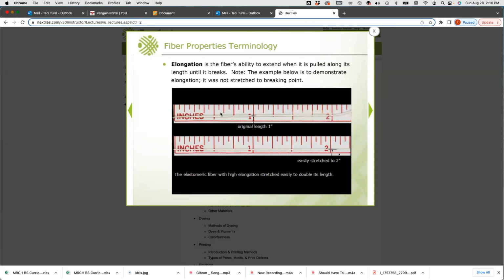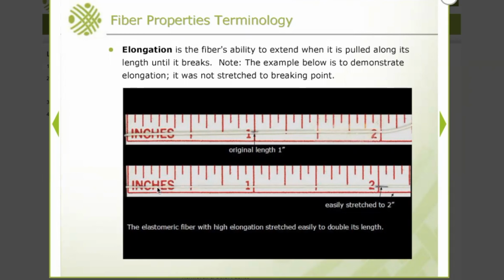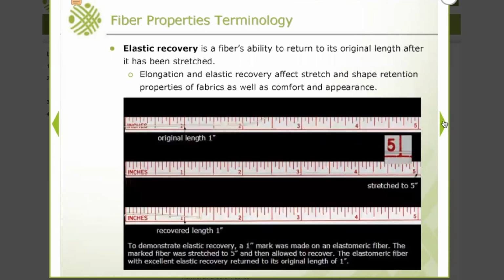For example, this shows you elongation. Elongation is basically, you measure the length of a yarn and then you just keep stretching until it breaks. And that breaking point is how much elongation it has. Elastic recovery is the ability to return to its original length.